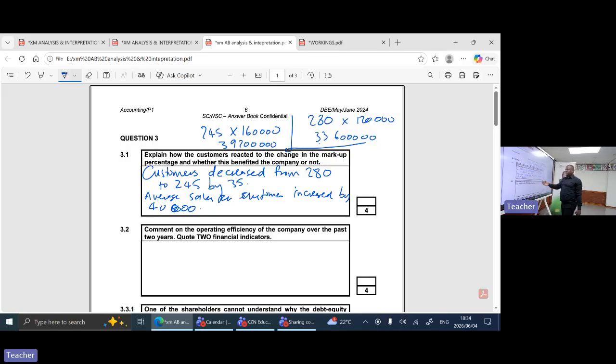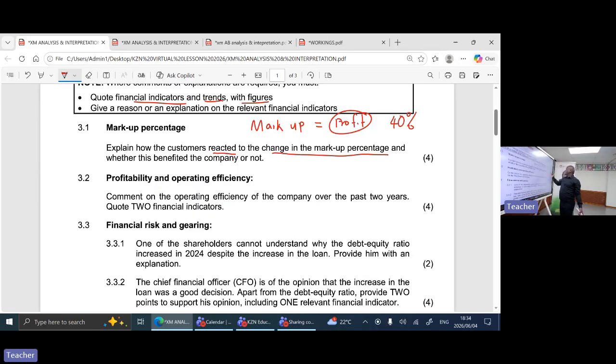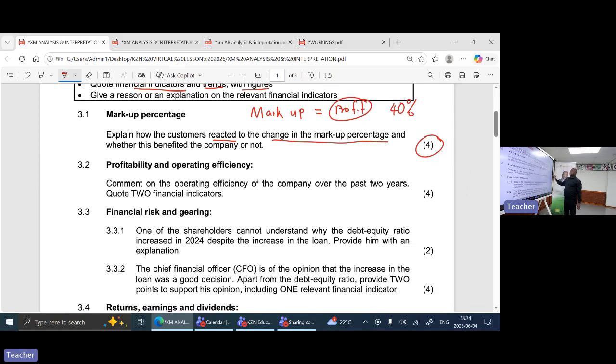So the company is benefiting. You can mention that sales increased from 33 million to 39 million. So that also can be your answer. We're done, you get 4 marks. The company benefited because even though the number of customers decreased, the average sales per customer increased, which is good for the company. They made more sales when compared to last year.